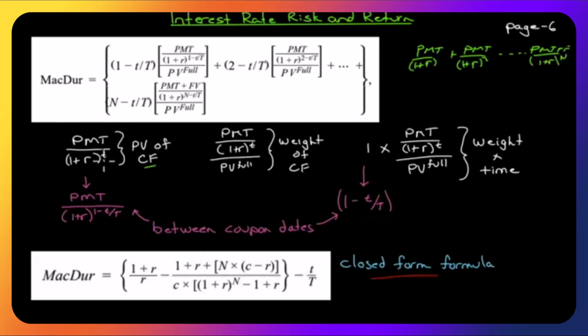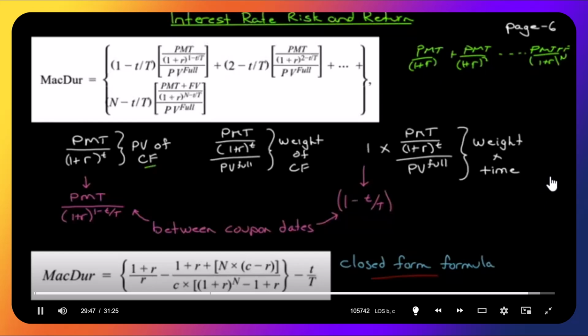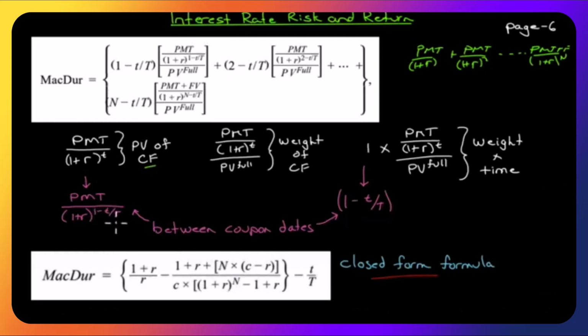So that's all that is, payment over 1 plus r to the t. And we've already seen that if we're between coupon dates, it's just 1 minus the t over t, 2 minus the t over t, 3 minus the t over t, etc. Right? This is between coupon dates.